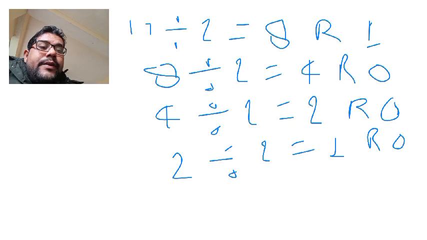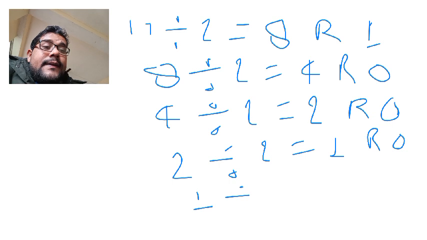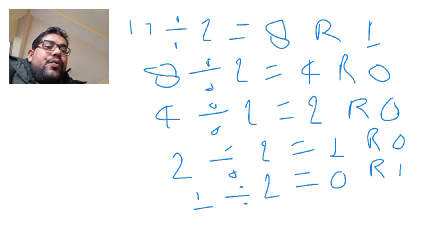Again this 1 is divided by 2. 1 divided by 2 goes 0 times and the remainder is 1.